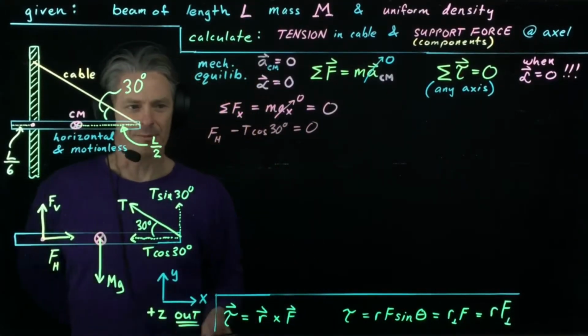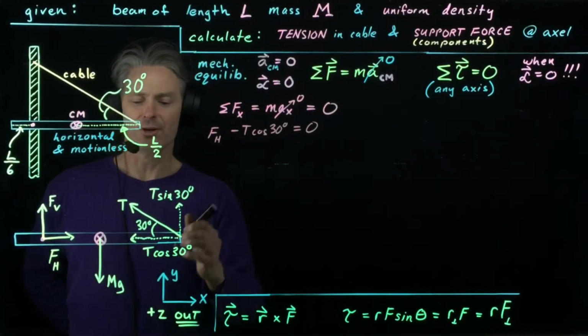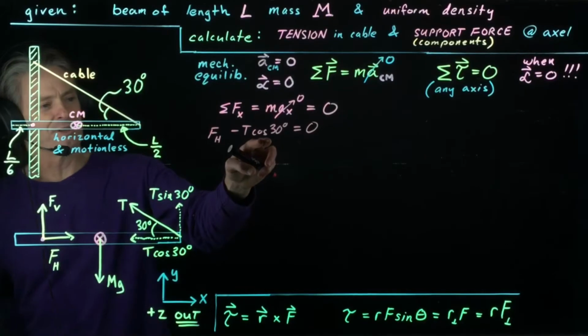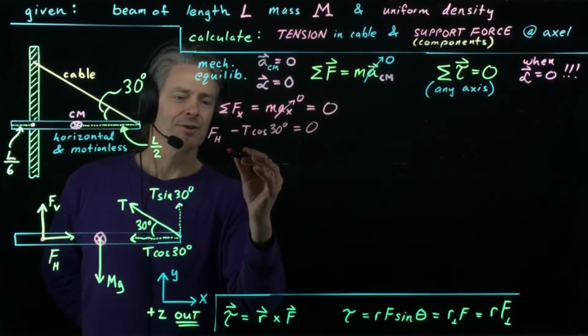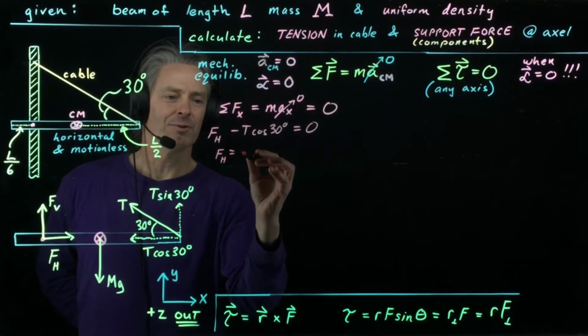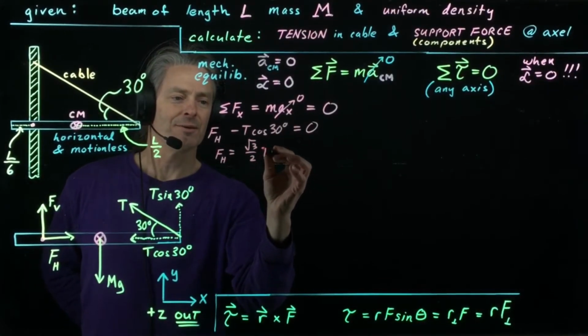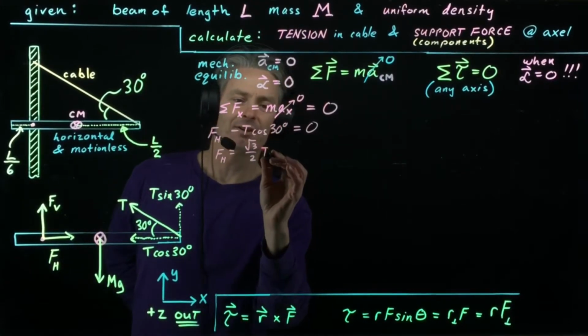I can go one step further and solve this for F sub h, even though my tension is still unknown. The cosine of 30 degrees is radical 3 over 2, so F sub h is equal to radical 3 over 2 times the tension, whatever it turns out to be.